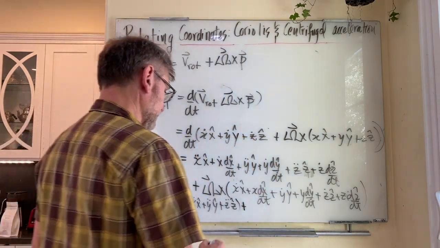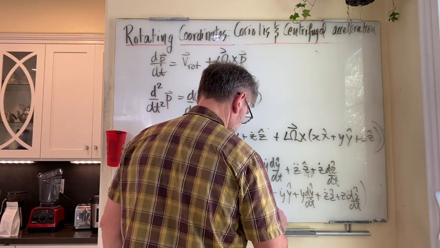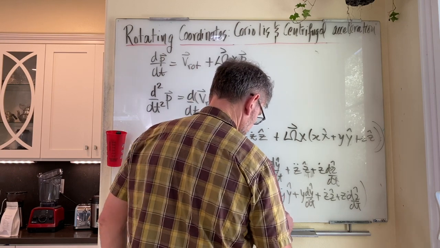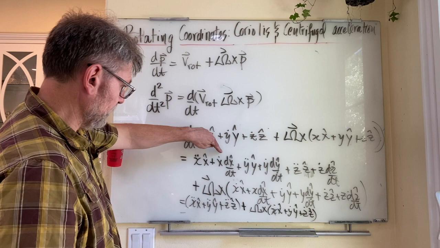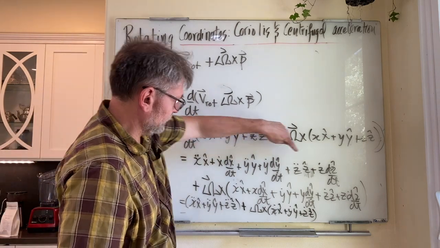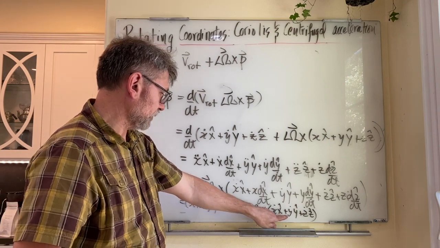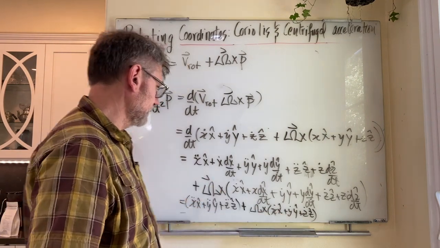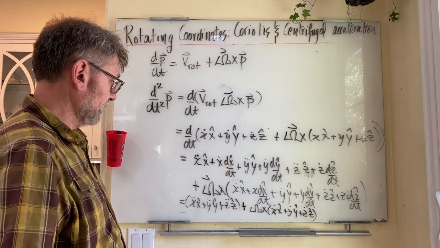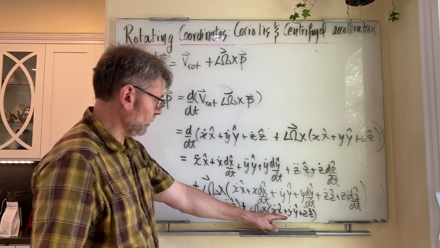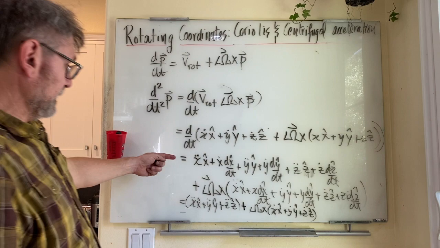And so I can just combine, right? It will be omega cross x dot x hat plus y dot y hat plus z dot z hat. That's what I get from this term plus this term plus this term: omega cross x dot x hat plus y dot y hat plus z dot z hat. Right, I just used the fact that dx hat dt is omega cross x hat. And then I brought the x dot inside, the y dot inside. Okay, so that takes care of the first line.